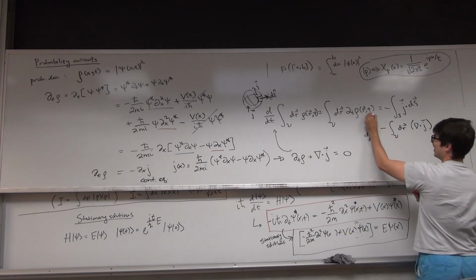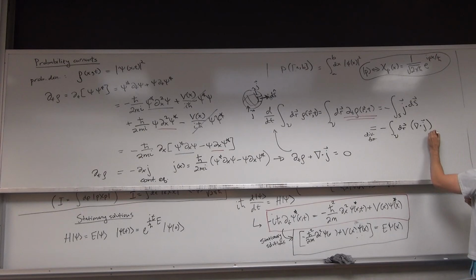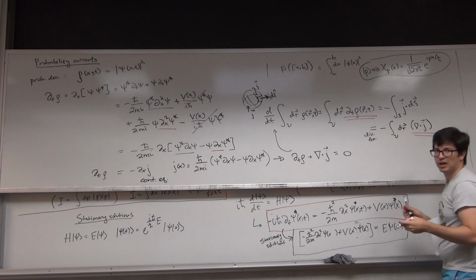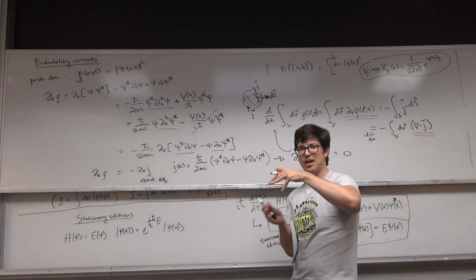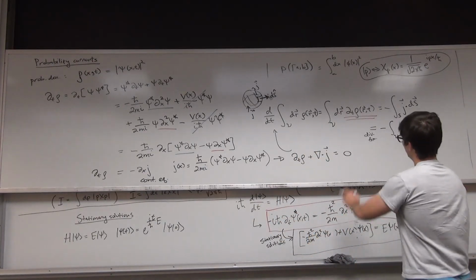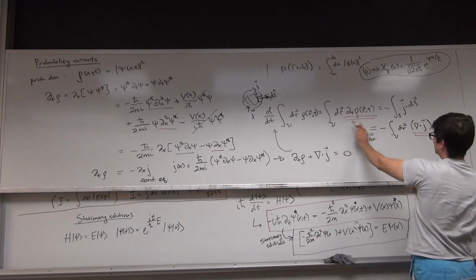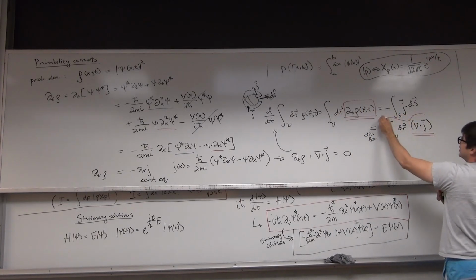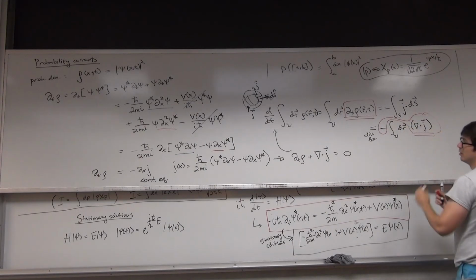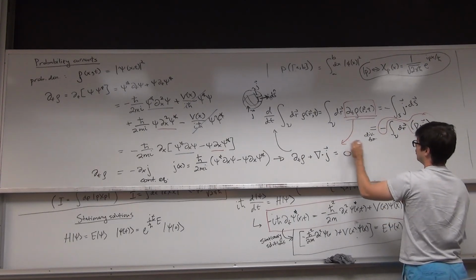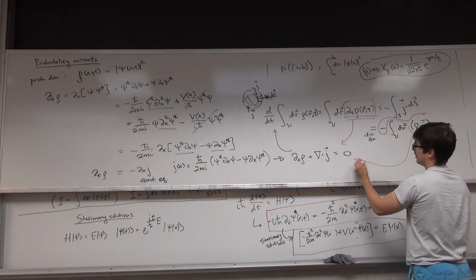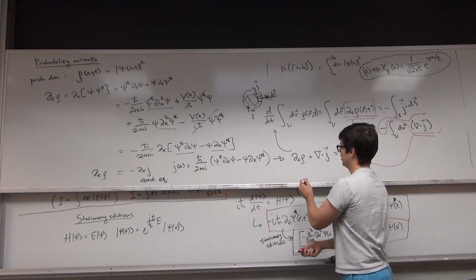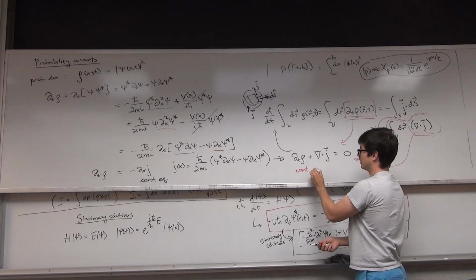This was for an arbitrary volume, right? So it doesn't matter what we choose for the volume. It could be arbitrarily small. We could shrink it down to almost a point. And so the only way this could be equal to that is if the integrands are equal. And so we recover this equation. Any conserved quantity has to obey this continuity equation.